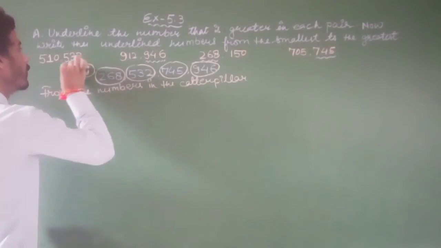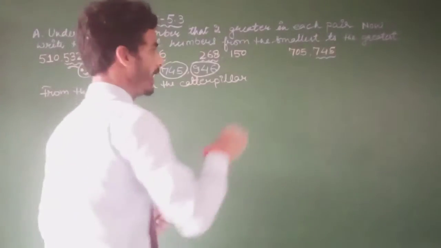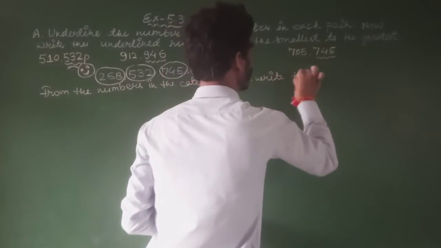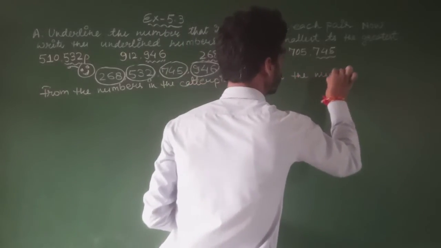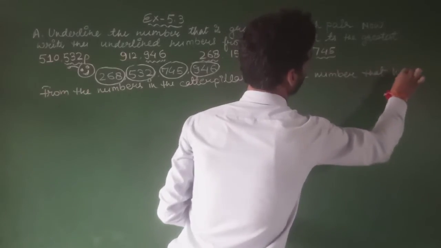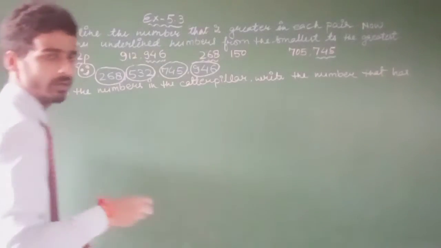So from the numbers in the caterpillar, write the number that has 2 in the hundreds place.